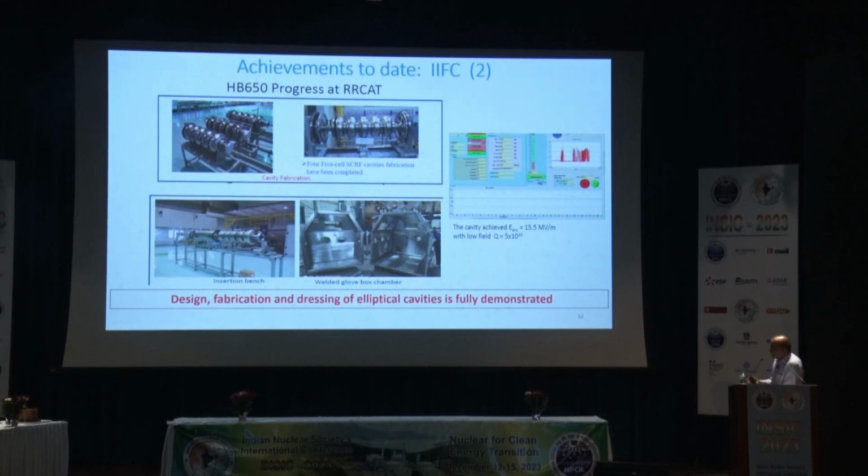Regarding elliptical cavities, which will work at 650 megahertz, RRCAT is participating in this collaboration and they have set up all the required facilities for manufacturing, processing and testing of these cavities. These 5-cell cavities have already been produced and sent to Fermilab also, and they have been tested to the required gradients and the quality factor.